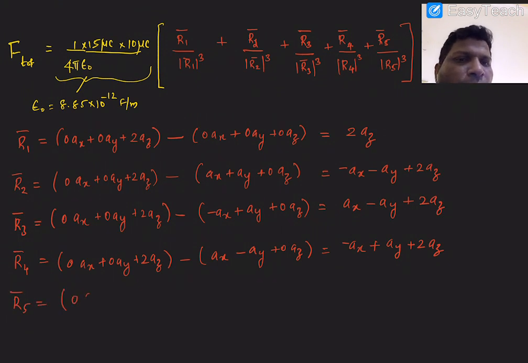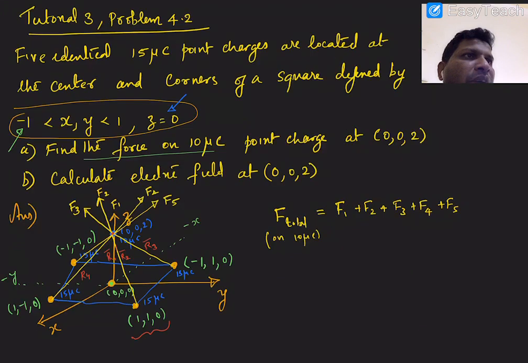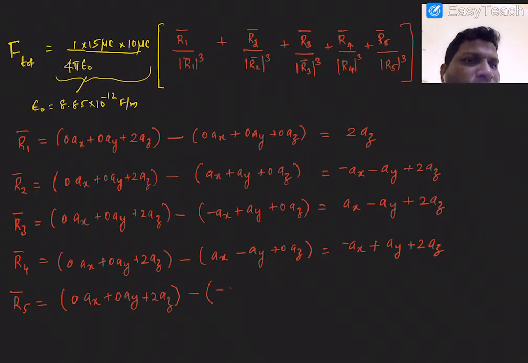Then you will get next R5. It is also pointing to the same point, 0 ax plus 0 ay plus 2 az, minus, what is R5? R5 is the corresponding vector for F5. F5 is pointing from minus 1, minus 1, 0.